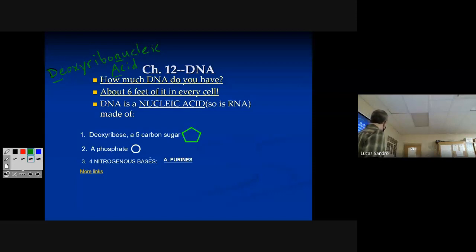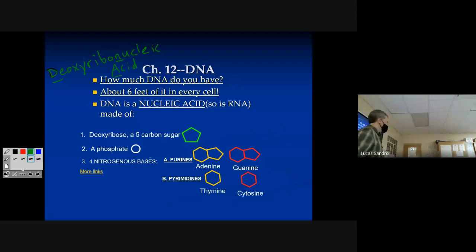There's purines, 2 of them, called adenine and guanine, and there are pyrimidines, 2 of them, called thymine and cytosine. The purines are double ring structures, 2 rings of carbons, with nitrogen thrown in there a couple places. The pyrimidines are single hexagonal rings.